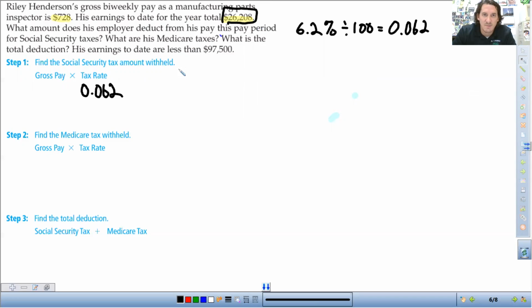We just do the Medicare. But he's made less than $97,500, so he gets taxed on the Social Security. The gross pay is $728. You multiply 728 times 0.062, using a calculator, and it comes out to $45.14.